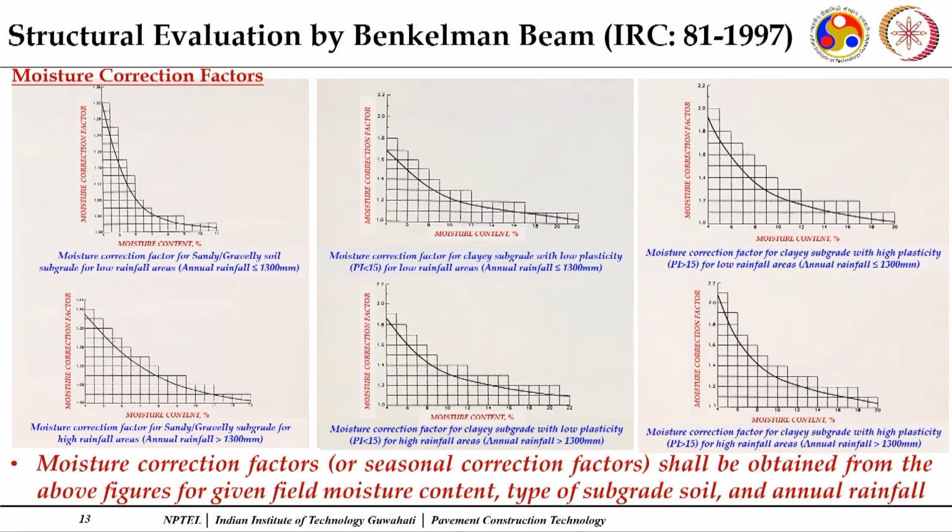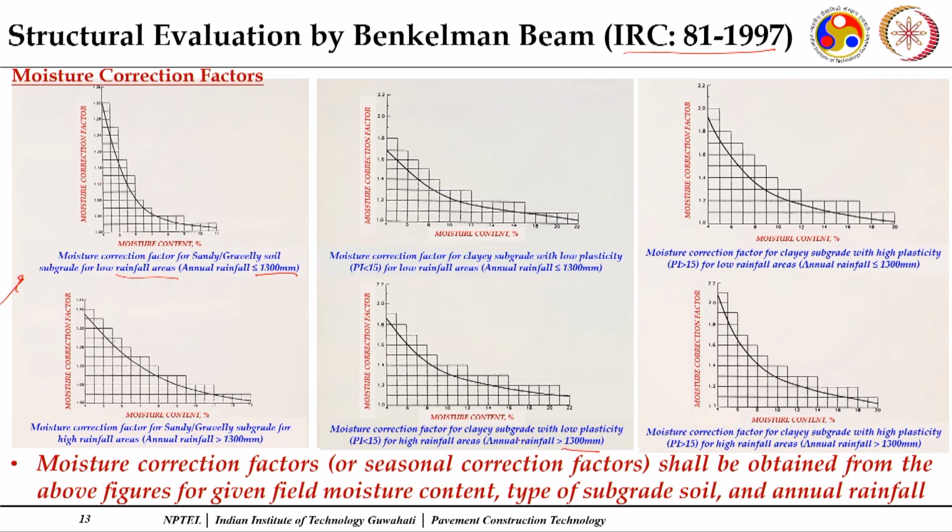And then, as I mentioned, IRC 81 has given the moisture correction factors. Different plots are there. Like the first one I will just read out: moisture correction factor for sandy gravelly soil for low rainfall regions. If the moisture content for that soil is worked out, you will see what the moisture correction factor is.